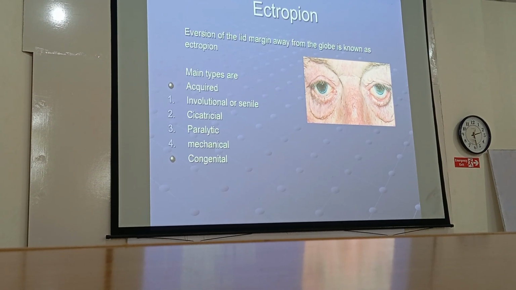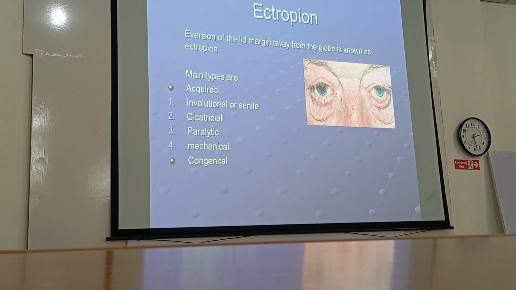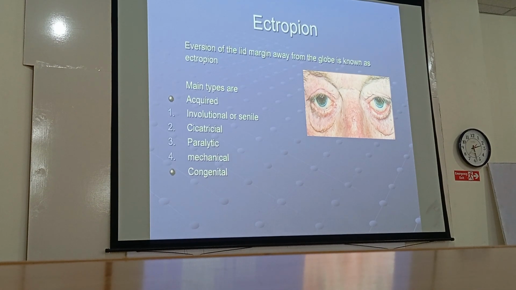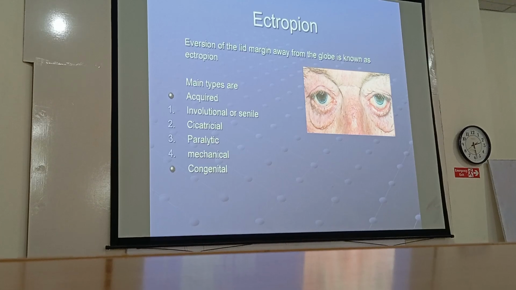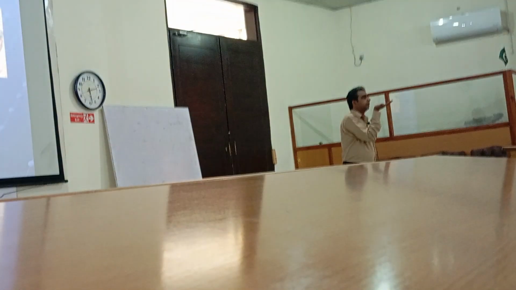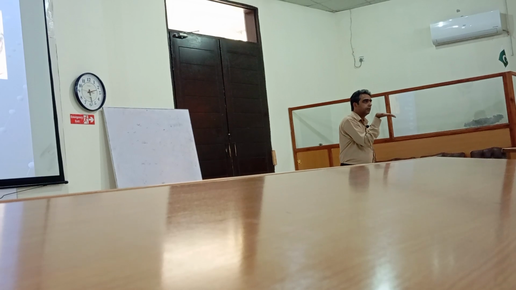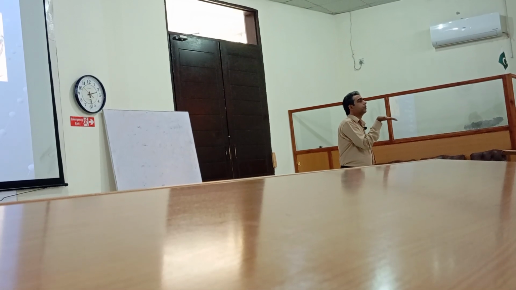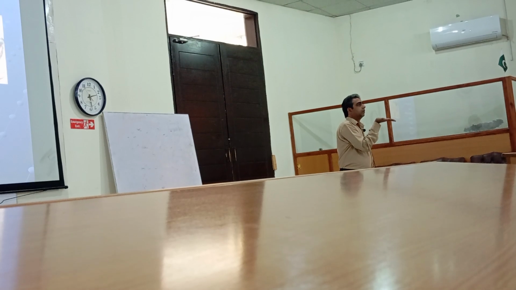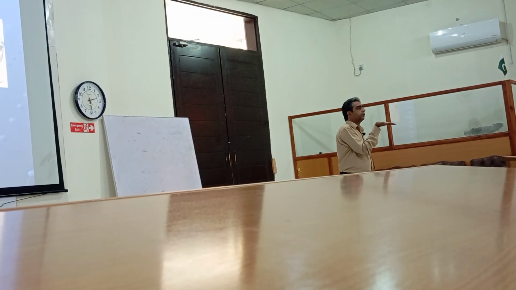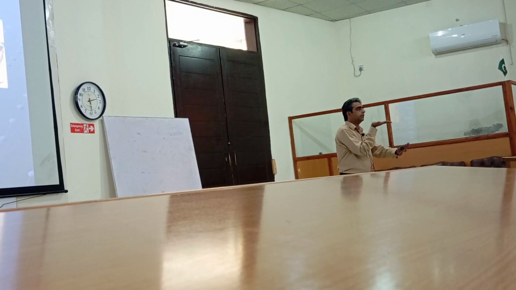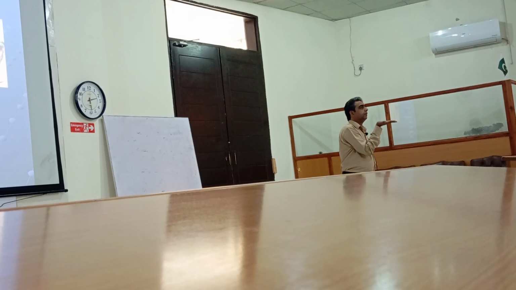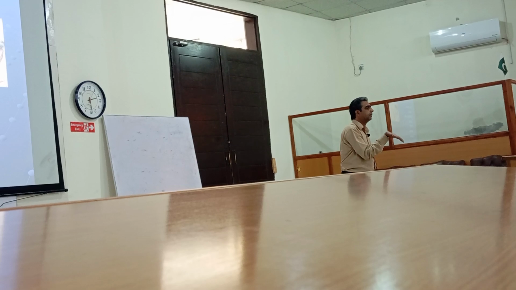Ectropion. It is the opposite of entropion. Like if this is the lower eyelid margin, the eyelid margin will roll out. As a consequence, the eyelashes which were supposed to point outwards and downwards become even more outward and more downward.